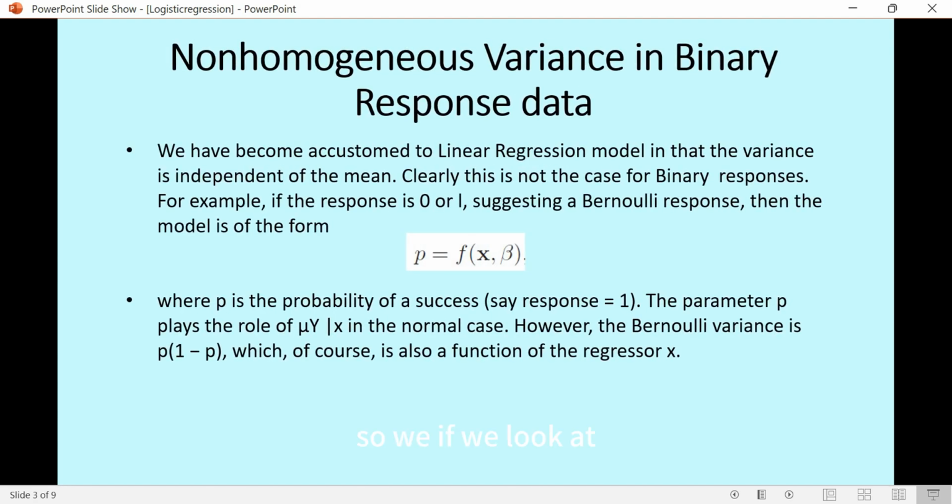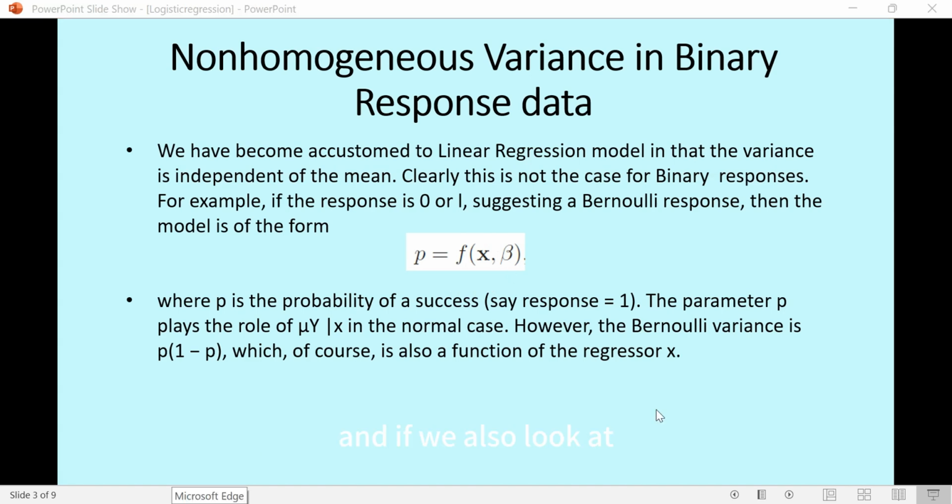If we look at the probability of the binary case, the probability can be a function of the independent variable x and the parameter beta.